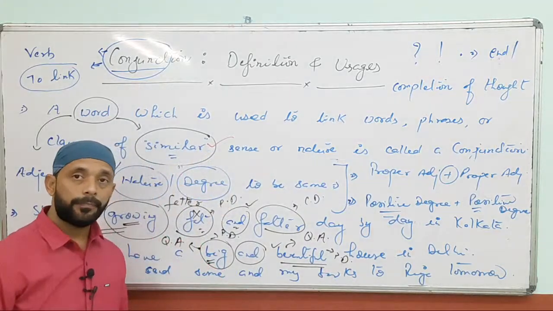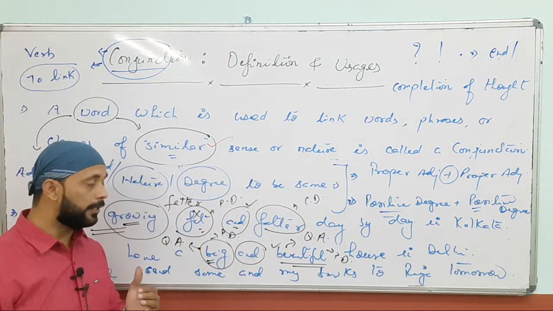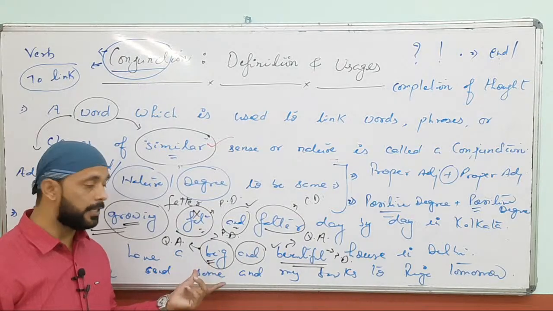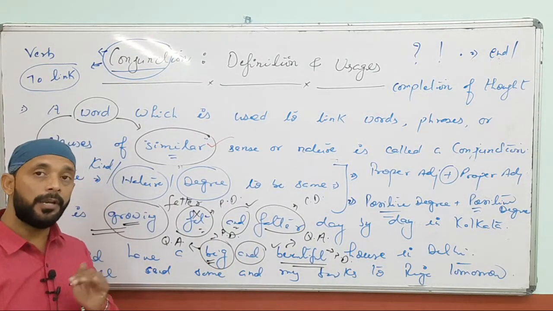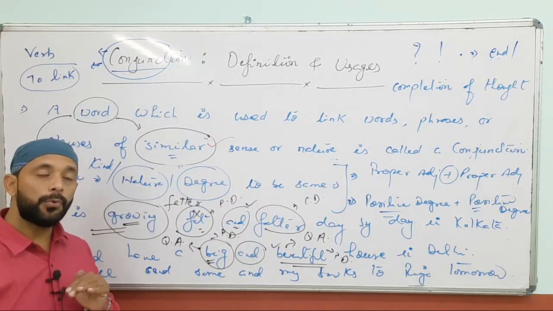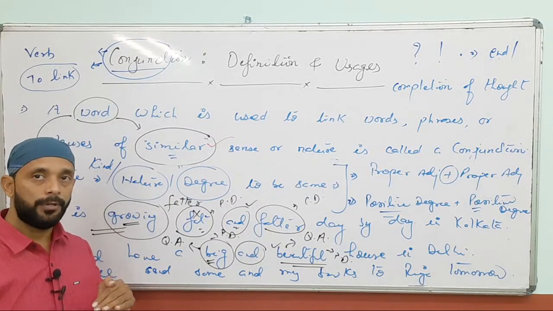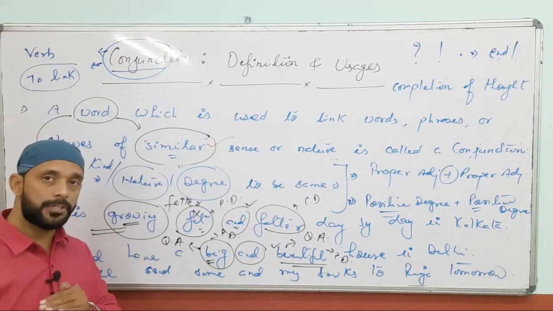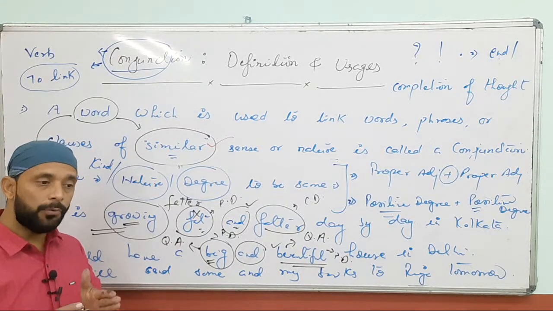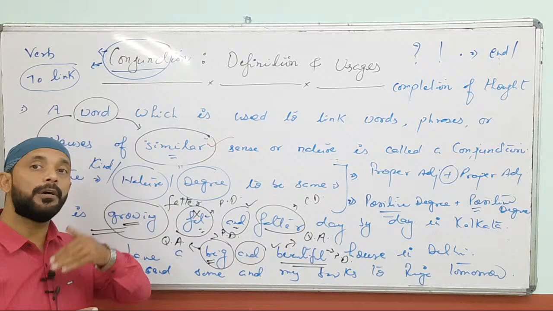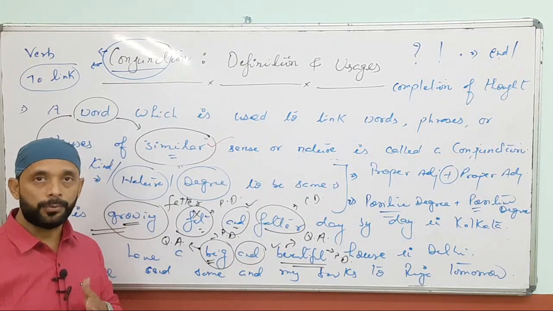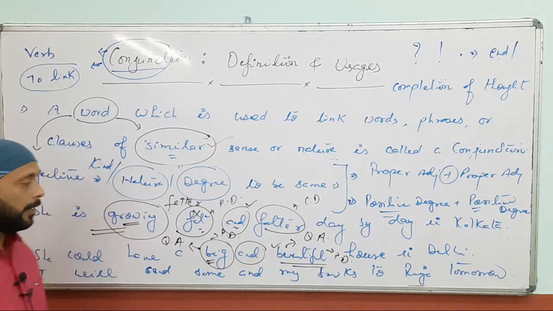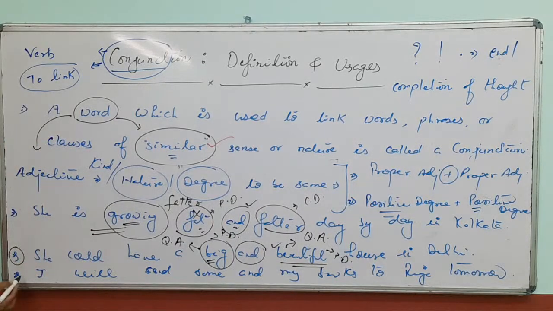So one thing, the nature of the words as adjectives should be the same. Means qualitative can be linked with qualitative. Numeral can be linked with numeral. Demonstrative can be linked with demonstrative. A possessive can be linked with a possessive. That is how they work. That is what the meaning of similar is when we are talking about adjectives to be linked with the help of a conjunction. What do you find here in this third example?